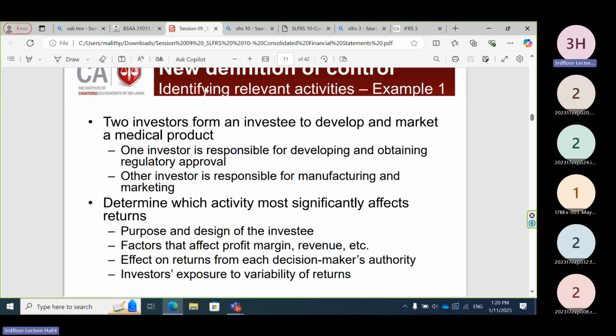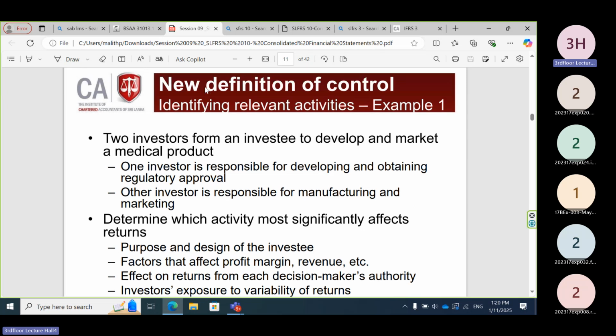Here we have a business activity. So then you can decide whether it indicates the power, who is the party having control or ownership. That identifies the relevant activities. Two investors form an investee to develop and market a medical product.